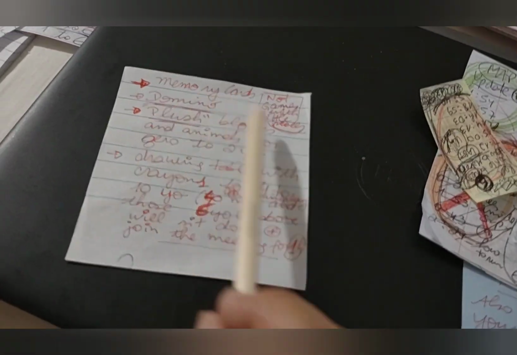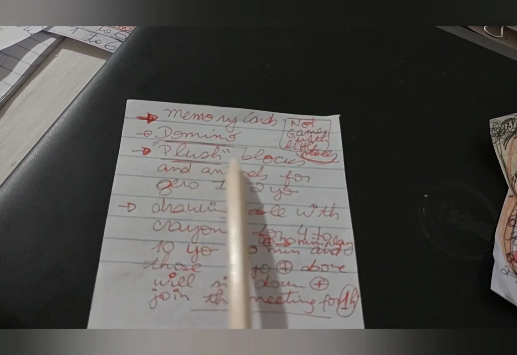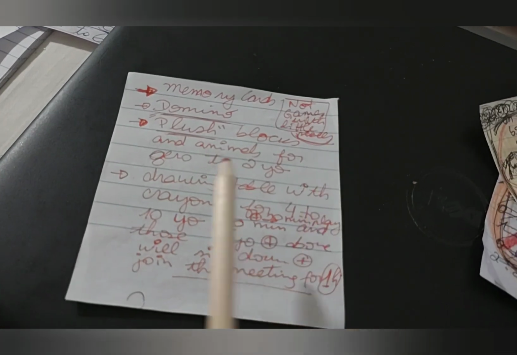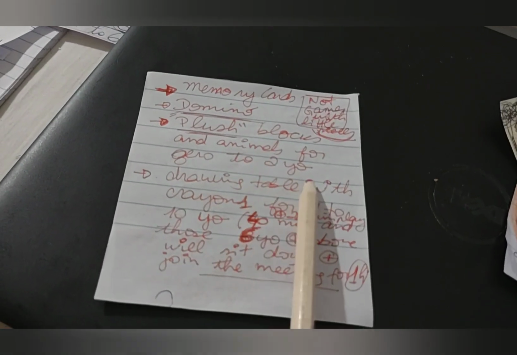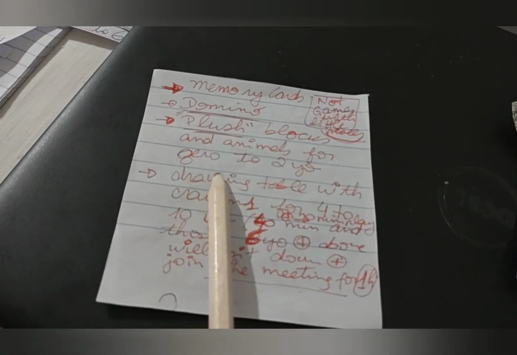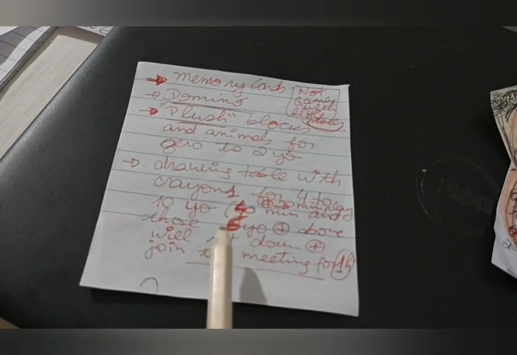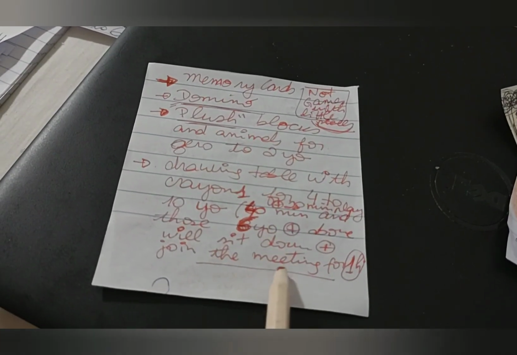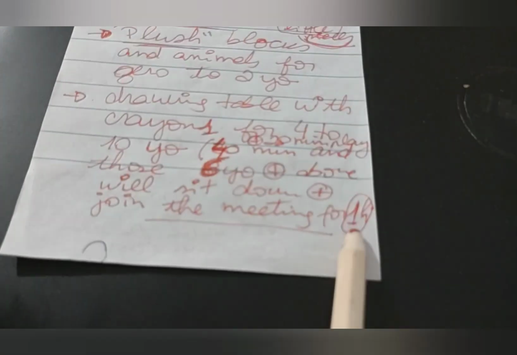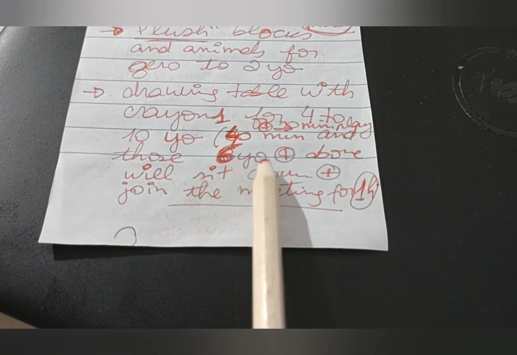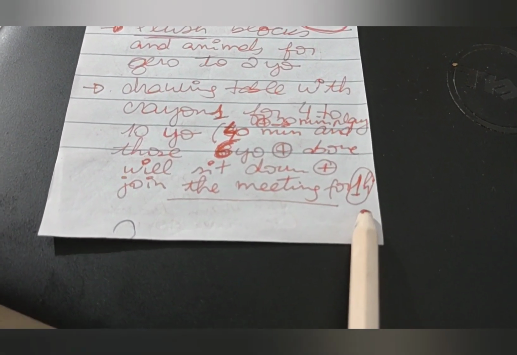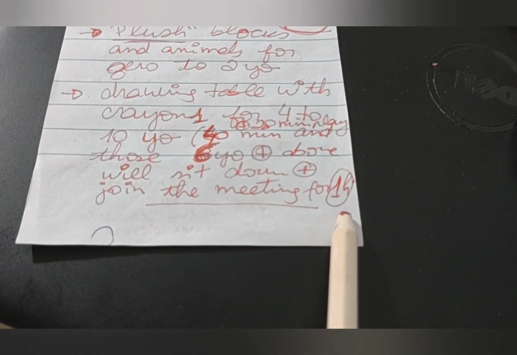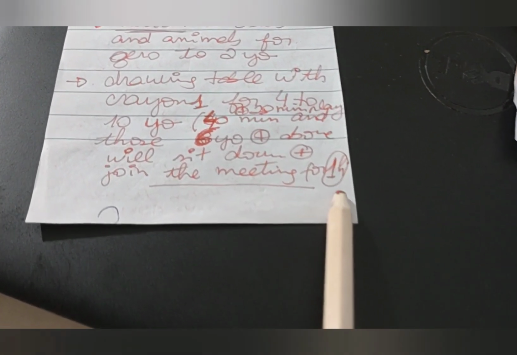The children 4 to 10 years old can spend 1 hour doing all these things, or even helping their little brothers and sisters, helping to babysit so the parents can pay attention to the meeting, but looking at their kids as well. And 1 hour doing those things, and 1 hour they go to the meeting, because it's important for everyone 6 years old and older to enjoy the meeting a little bit, learn how to sit down, how to be quiet, practice.